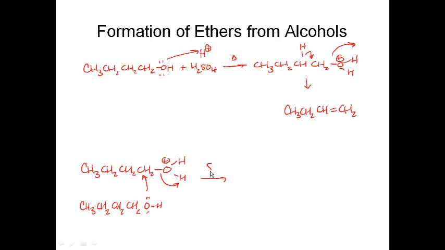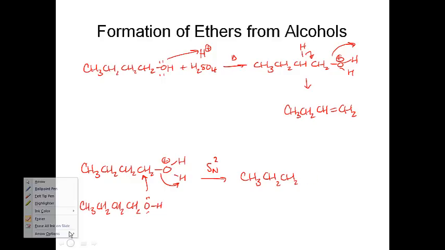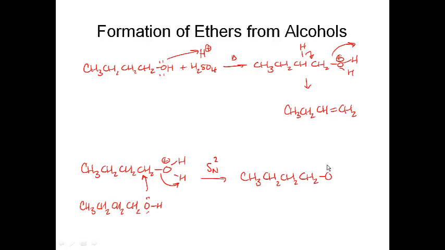So we could end up doing an SN2 reaction and actually then form, we would end up with this oxonium ion, and then we would lose the H plus to give us butyl ether.